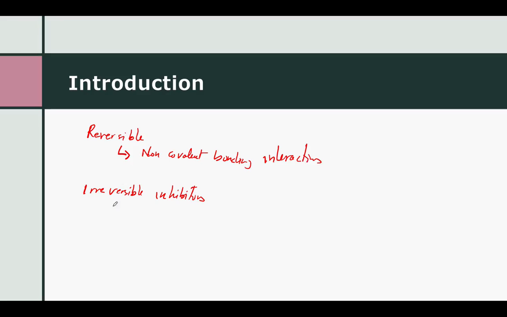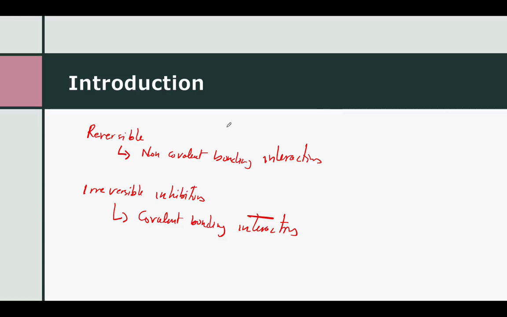The irreversible inhibitors often have covalent bonding interactions. We will go through some examples here, and I will try to walk you through as much as possible.